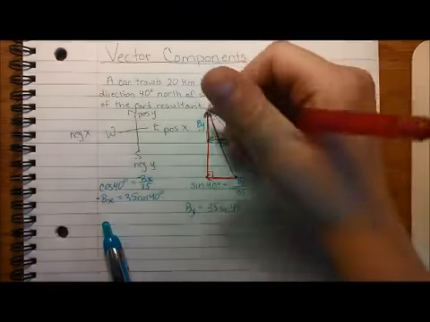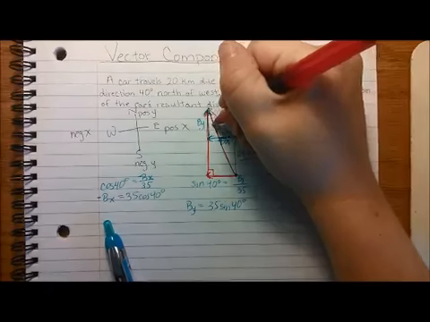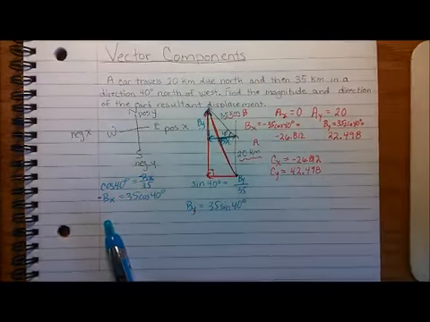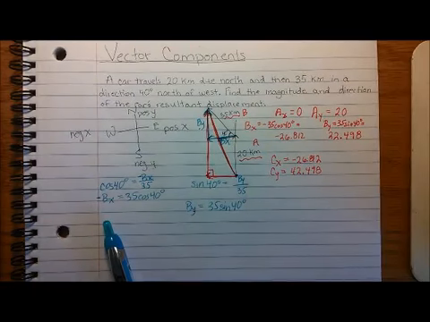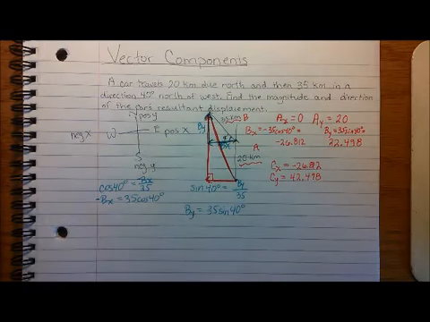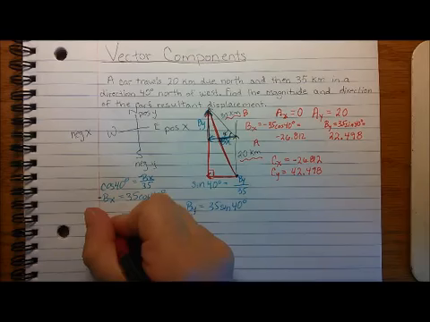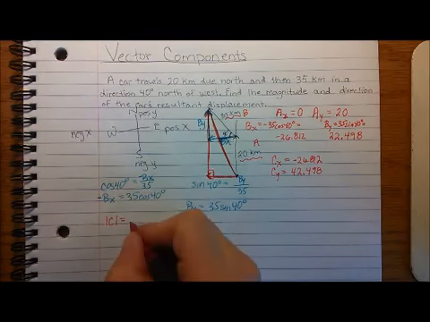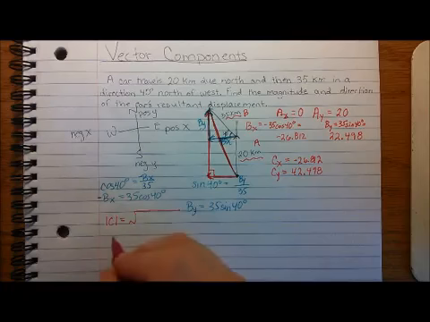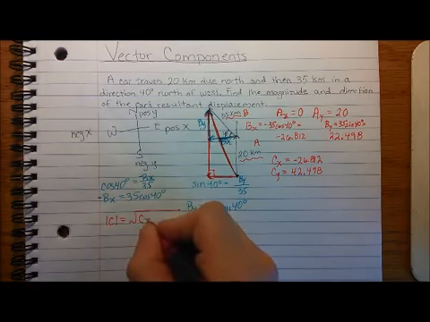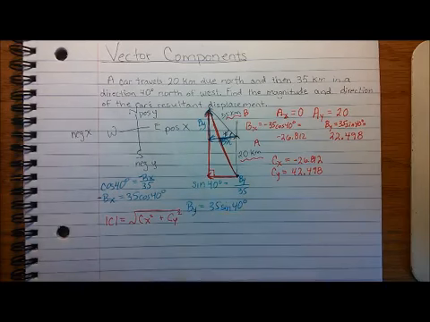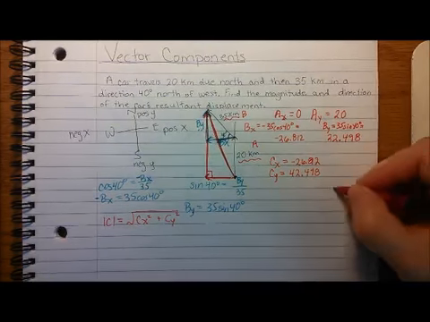So, as you can see, what we're looking for is the hypotenuse of the triangle. So you can see that we can easily use the Pythagorean theorem. So the magnitude of C is going to be equal to the square root of cx squared plus cy squared.